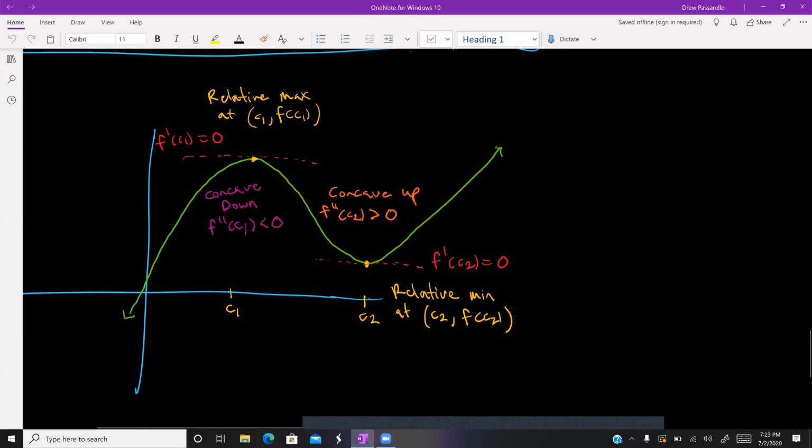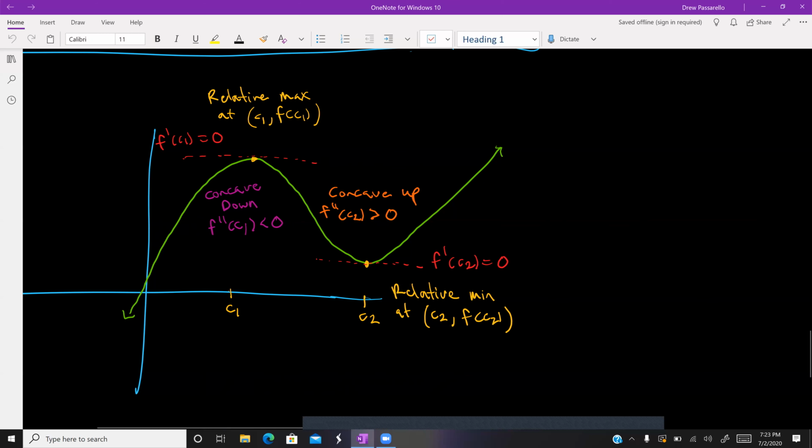And if it's concave down, that means its second derivative is negative. So that's why it says f double prime of C1 is less than 0. That's the second derivative part of the definition: it's concave downward if the second derivative is negative. Now notice I drew this red dashed line, and that's a horizontal tangent line.